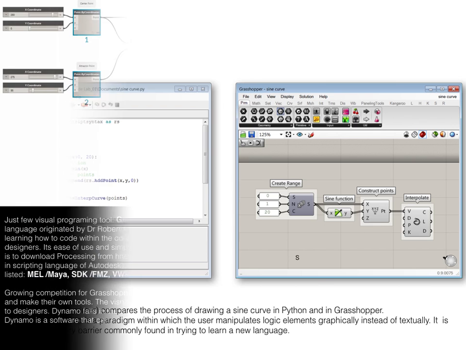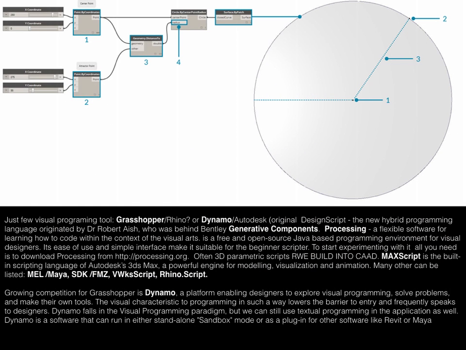Of course, Grasshopper is not the only tool available to you. There is one emerging right now called Dynamo by Autodesk, and it's the one to watch. It's increasingly popular. There are also Generative Components by Bentley. There are many scripting languages; almost every CAD program has scripting languages. They are not always based on visual computing.